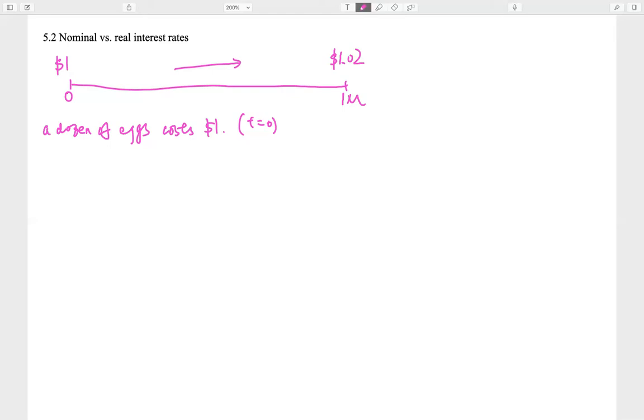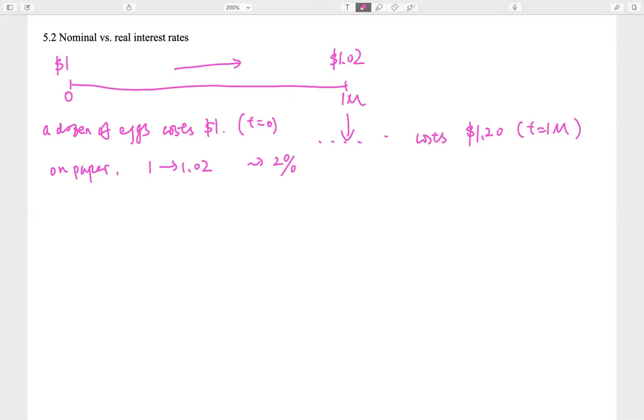Okay. Assume now that 1 month from now, a dozen of X costs, let's say, $1.20. Well, on paper, my wealth just increased from 1 to 1.02, meaning the rate of increase is 2%, which means I actually earned 2% on my entire wealth over the last month.